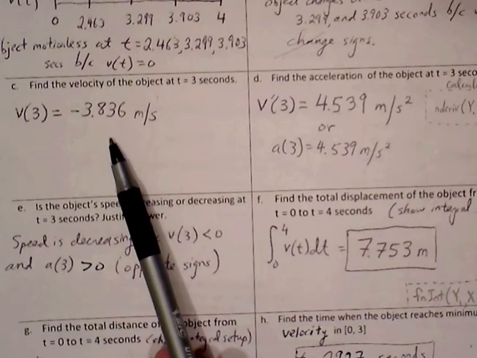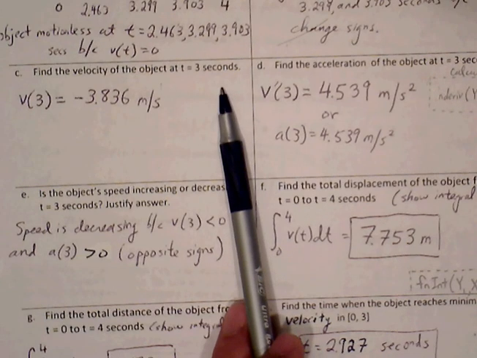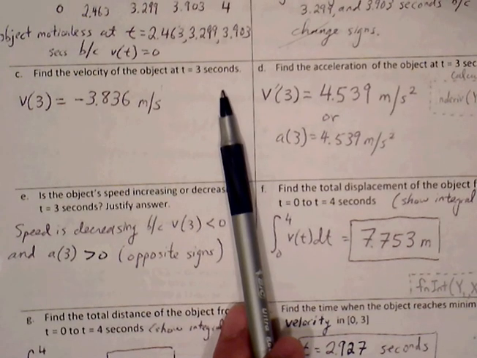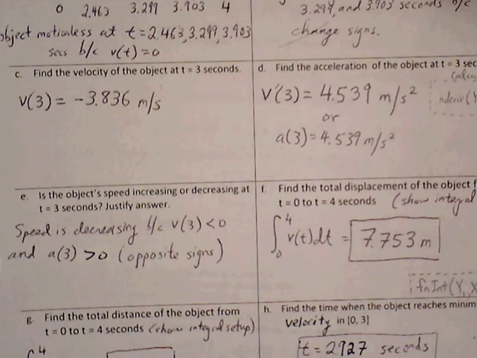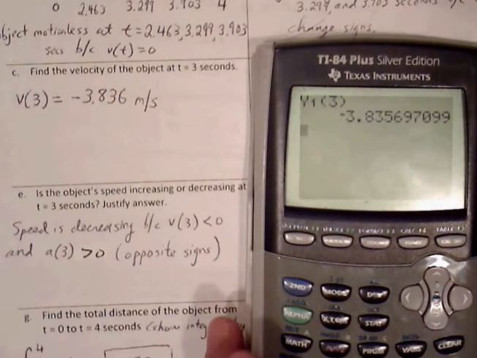Part C, find the velocity of the object at t equal to 3 seconds. We've plugged the velocity function into our calculator, holding that information as y sub 1.